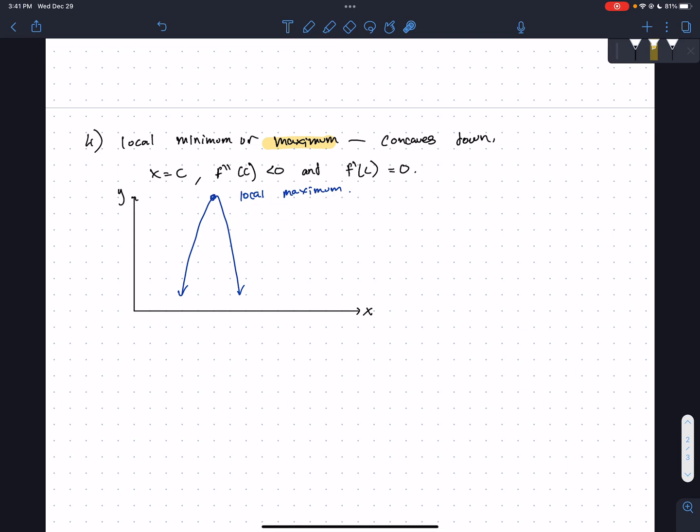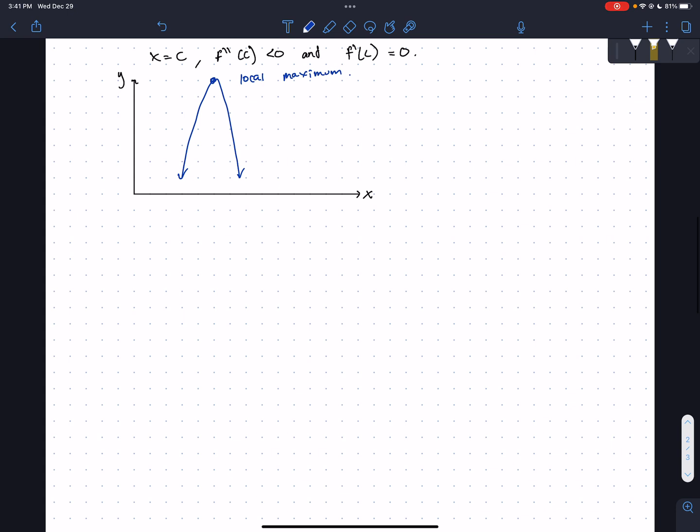We also have points of inflection. So there are still some other scenarios. Points of inflection are another topic. So what do the points of inflection do?